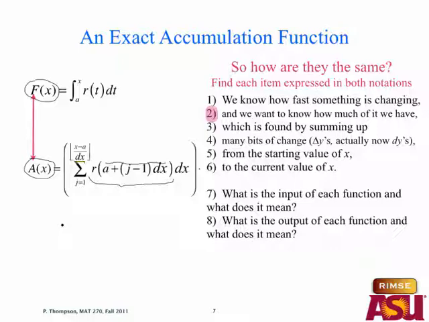That was our goal, to have a function whose output was the accumulation of the quantity. So you could have said the whole right side, or the whole left side. That's how much we have, found by summing up. Sigma for the sum. The Greek sigma is sum. German S. They both mean summing up many bits of change. Where do we see a bit of change in each of these?